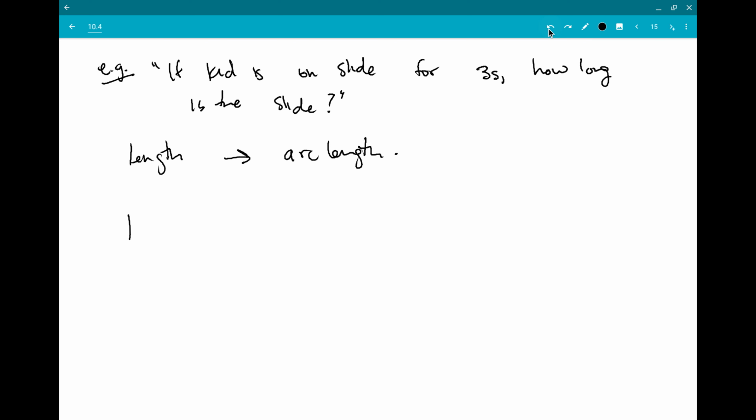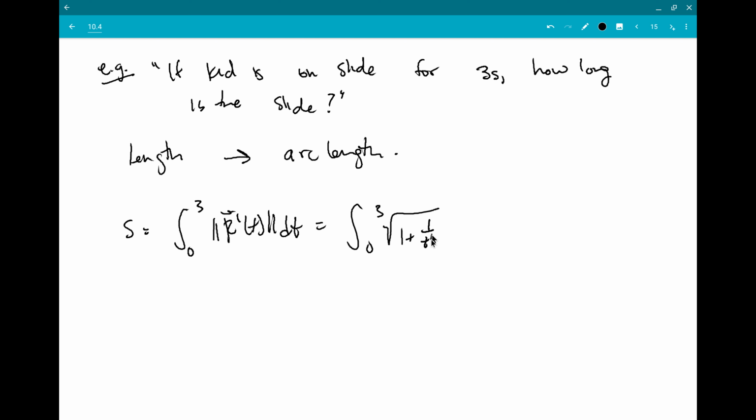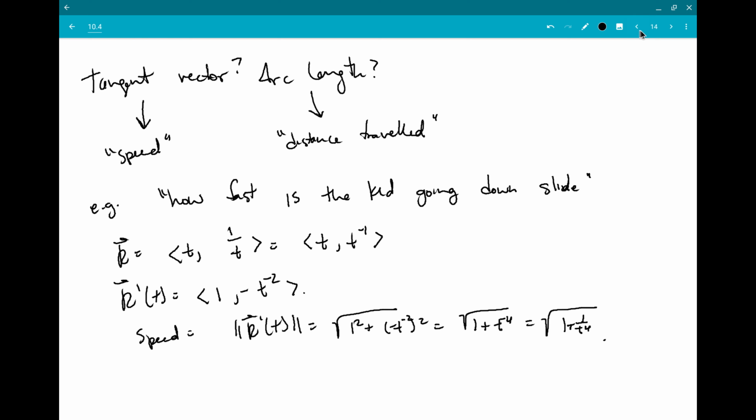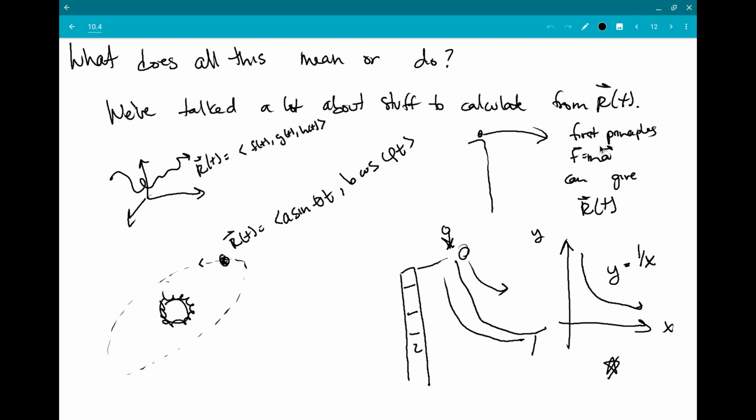So I think we denoted arc length by s. That should be the integral for however long you're thinking about in time. So from 0 to 3, magnitude of r prime of t dt. How long is the path? Integral from 0 to t, square root of that 1 plus 1 over t to the fourth. We just found a second integrated with respect to t. You compute a number. And again, I'm talking about the slide example, but you could go back to any of yours.